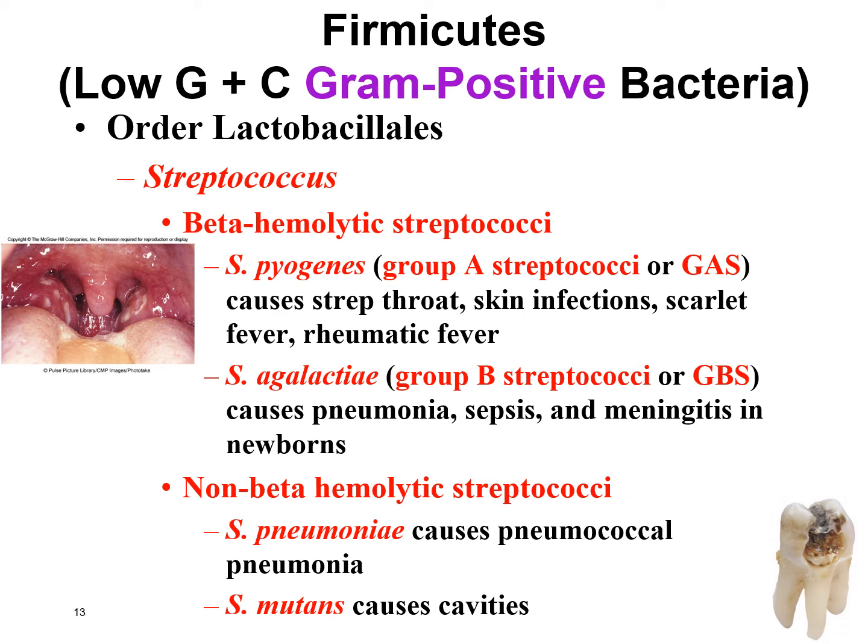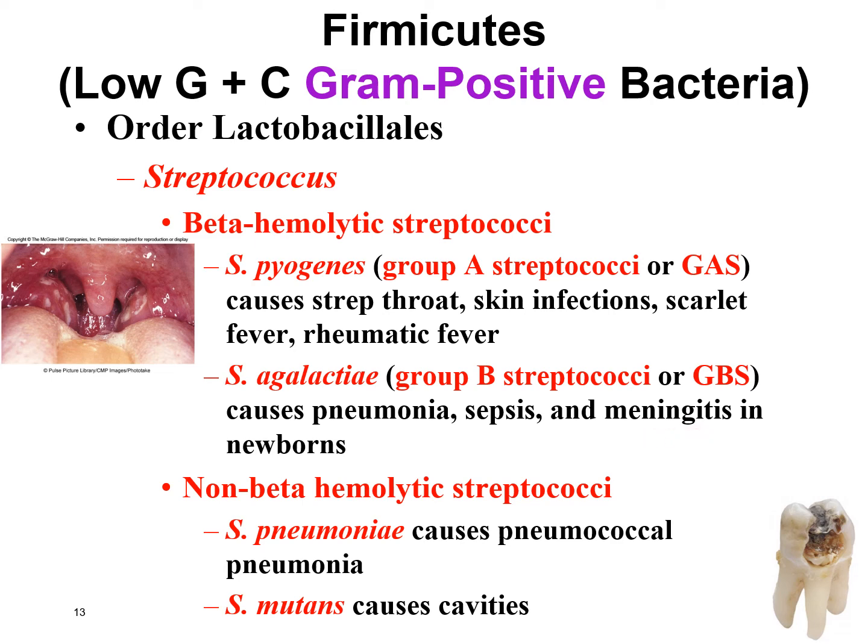If the newborn picks up this bacteria and it gets into the baby's lungs, it can cause pneumonia. If it gets into the bloodstream, it can cause sepsis, which is pretty serious and could kill the baby. And then it could also get into the meninges and cause meningitis as well.